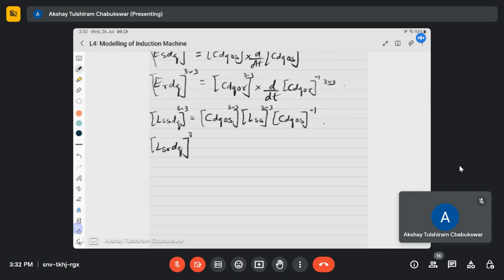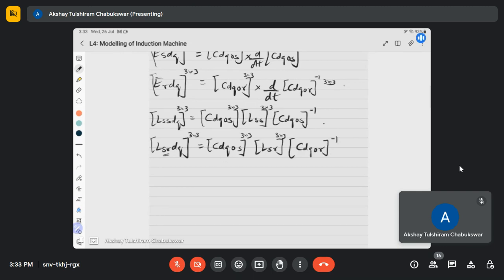I'm going very fast because it is very manual work, and I will just tell you how to use Python to find the values of these matrices. So just very quickly, I'll write this. L_SR in dq is C_dq0s, which is 3 cross 3, into the original matrix L_SR, which was 3 cross 3, into C_dq0r inverse.